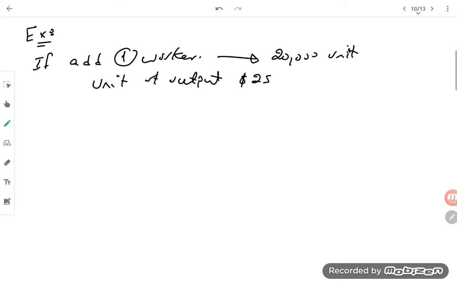So the marginal income generated from this additional worker will be calculated as 20,000, which is the number of units produced by this worker, multiplied by the price per unit sold in the market. So the total marginal revenue product will be 500,000.